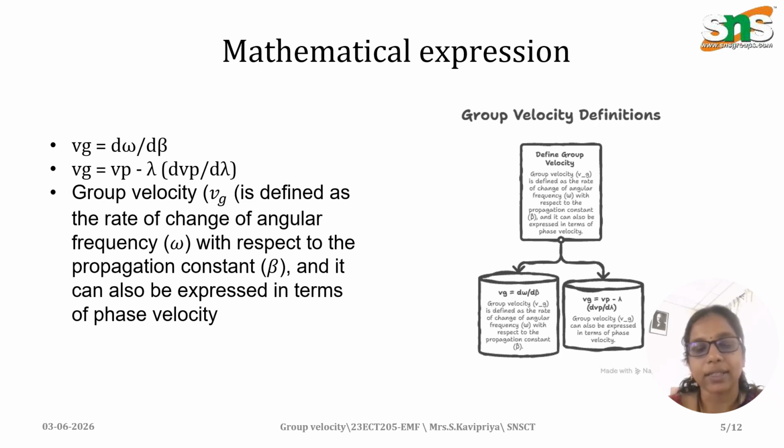Vg is defined as the rate of change of angular frequency with respect to the propagation constant beta, and it can be expressed in terms of Vp as well. So the second equation, Vg is equal to Vp minus lambda into dVp by d lambda, is the relationship between Vg and Vp.